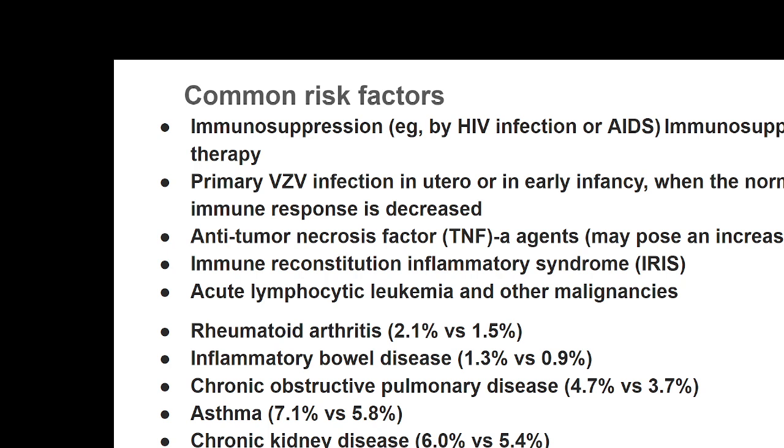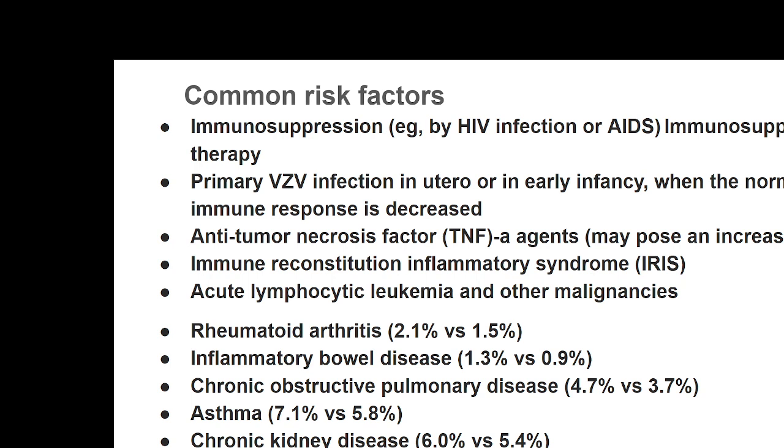Immune reconstitution inflammatory syndrome is another specific condition where the patients may have a loss of immunity and then there is an inflammatory response, as in COVID-like conditions. Acute lymphocytic leukemia and other malignancies also increase the chances of herpes.